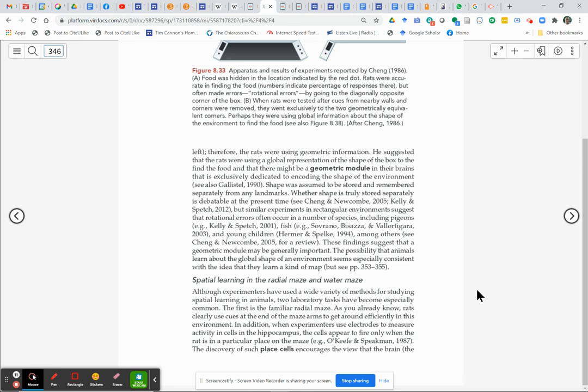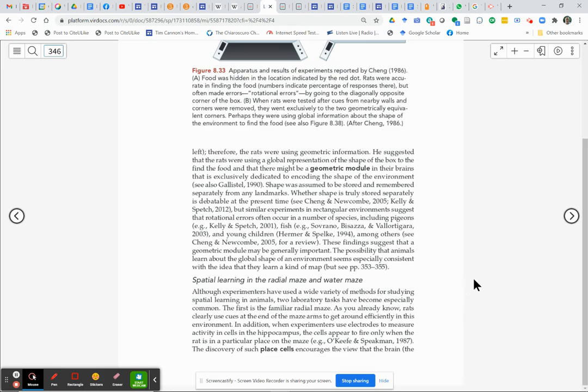These are quite real. We now have technology where you can implant recording devices into the animals and have a little LED on the top of their heads, visible from outside the environment they're being tested in. And you can see the cells fire. You don't see the cells fire, but you see the LED lights up.